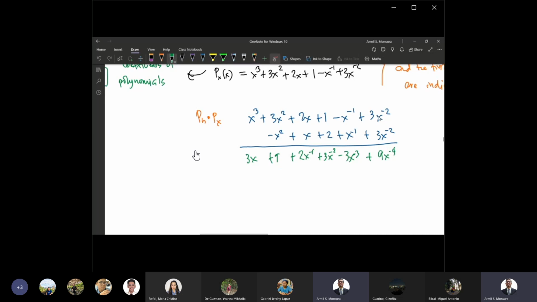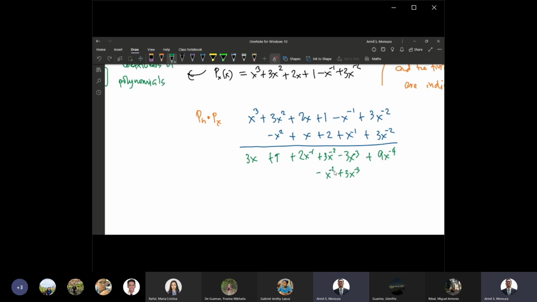Next, this is positive 3x raised to negative 3. So I can add this because it has the same exponent. Minus x raised to negative 2.